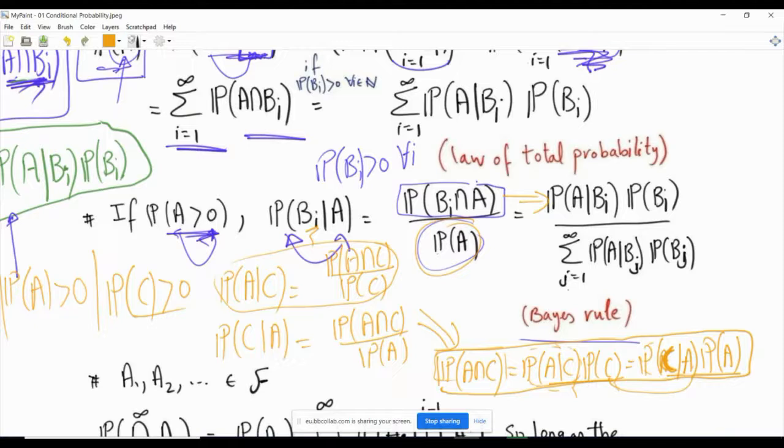So it is given by the summation over j from 1 to infinity of the probability of A intersection Bj.